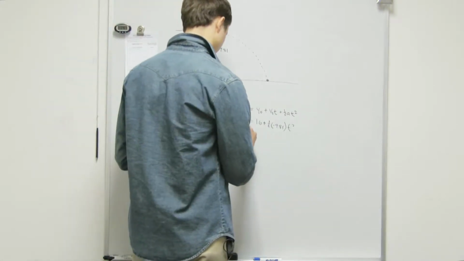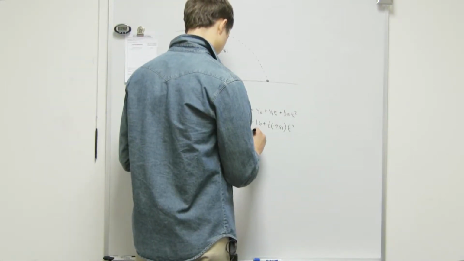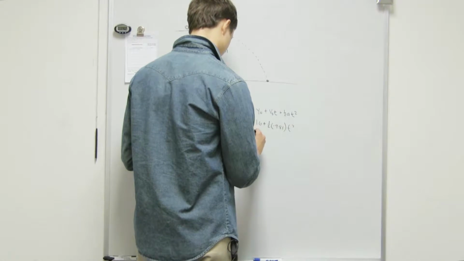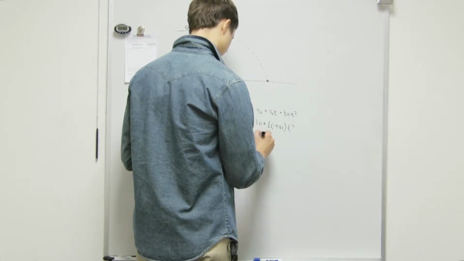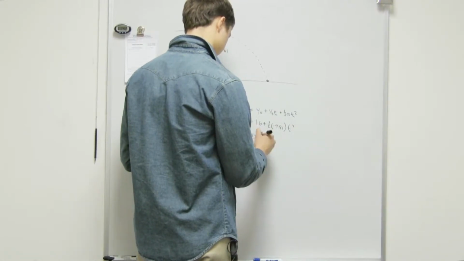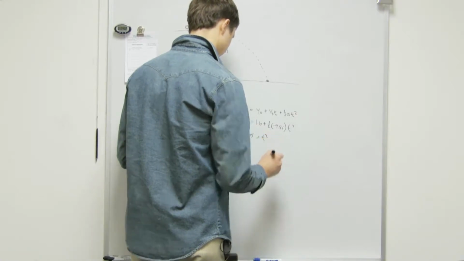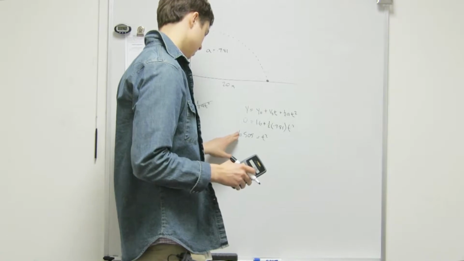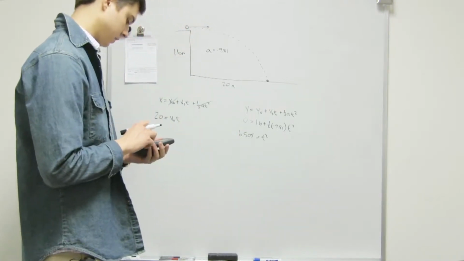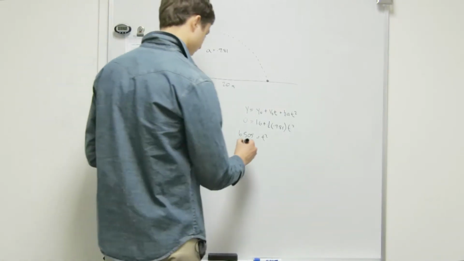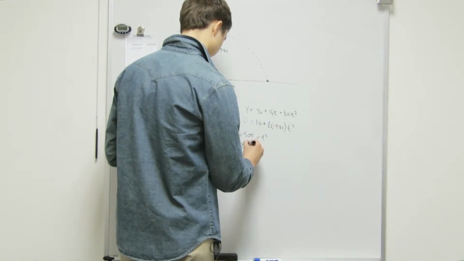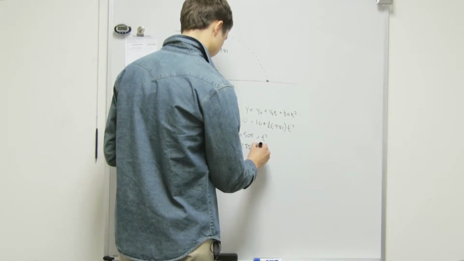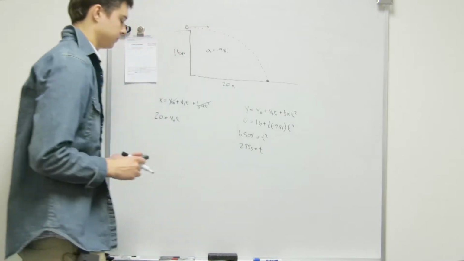So we end up with negative 6.505 equals t squared. So because it's squared, we're kind of just going to ignore this negative so that we can take the square root of it. And we get 2.55 seconds equals time.